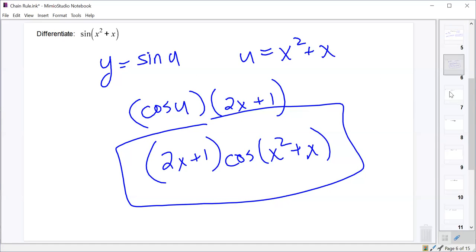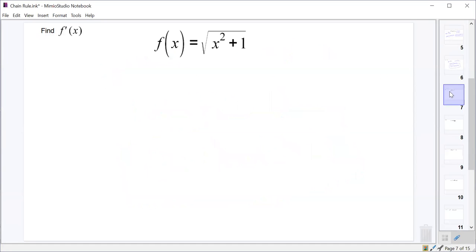All right, let's do a couple more. Let's do f of x equals root x squared plus 1. So how are we going to write this out? Y equals square root of u, with u equal to x squared plus 1. And what is dy du if y is root u?